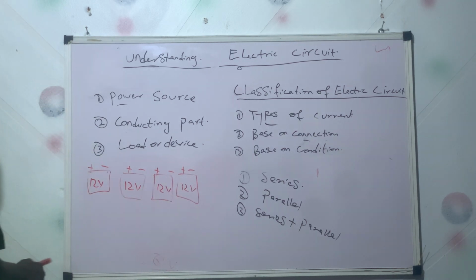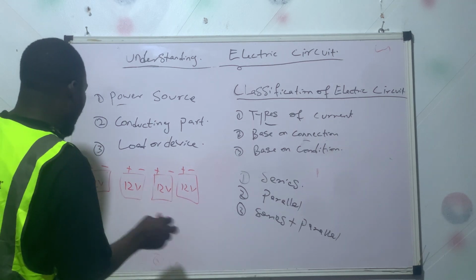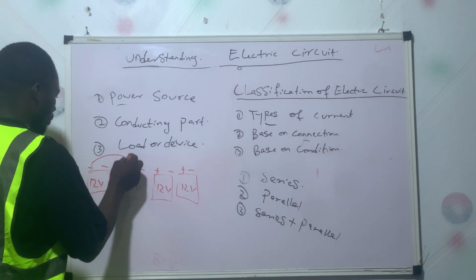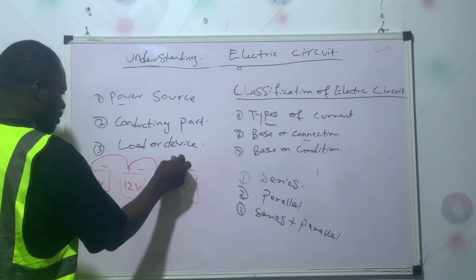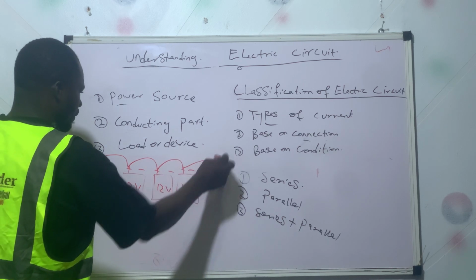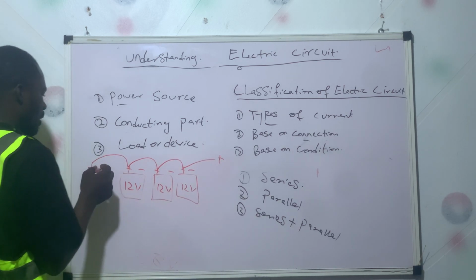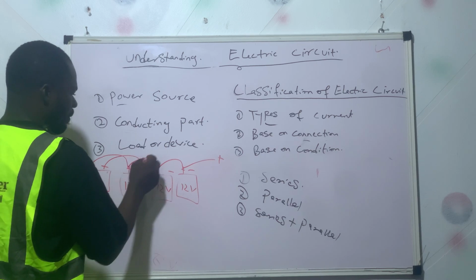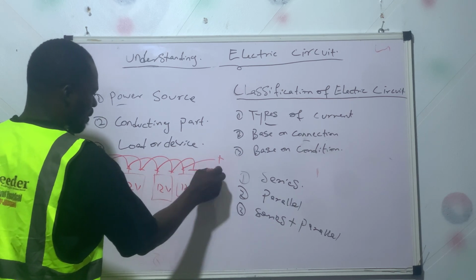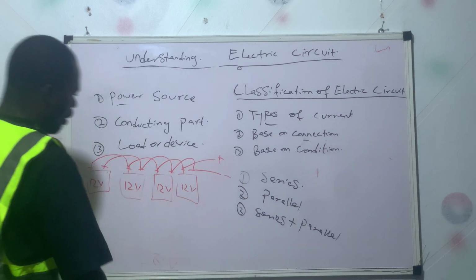If you connect this in parallel, you take the positive to positive, leaving you a positive charge, of course. Then the second connection, negative to negative, leaving you with a negative charge.